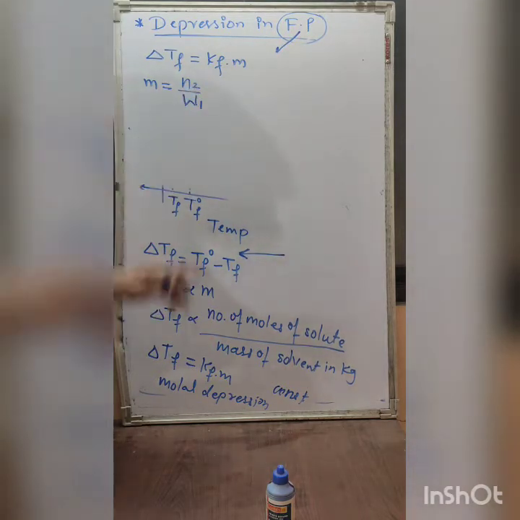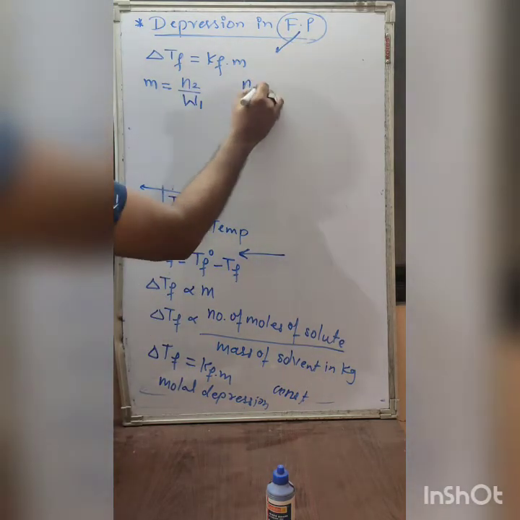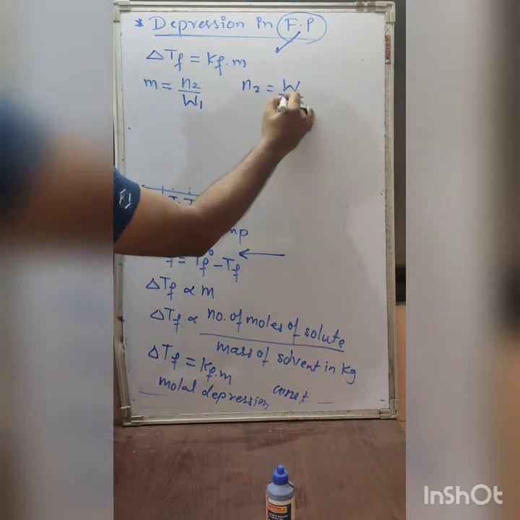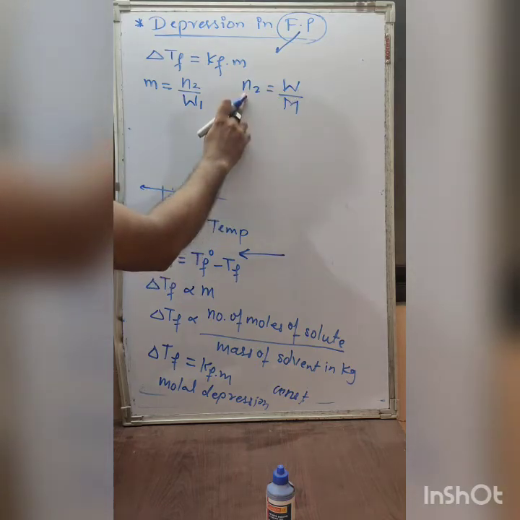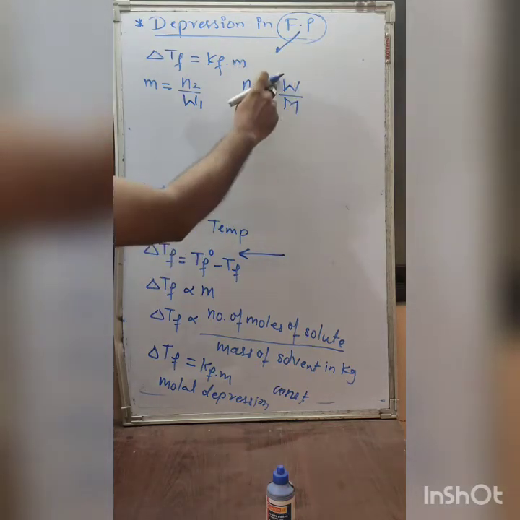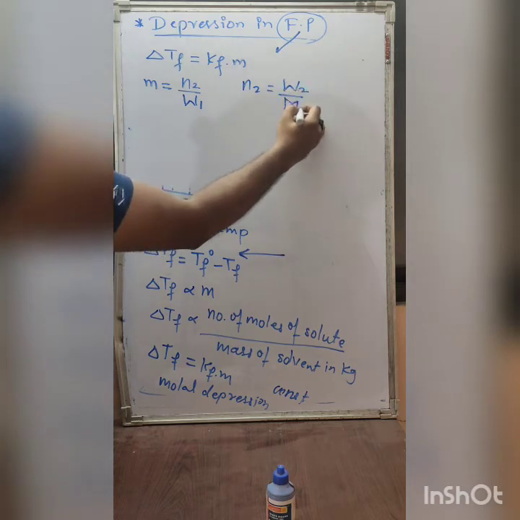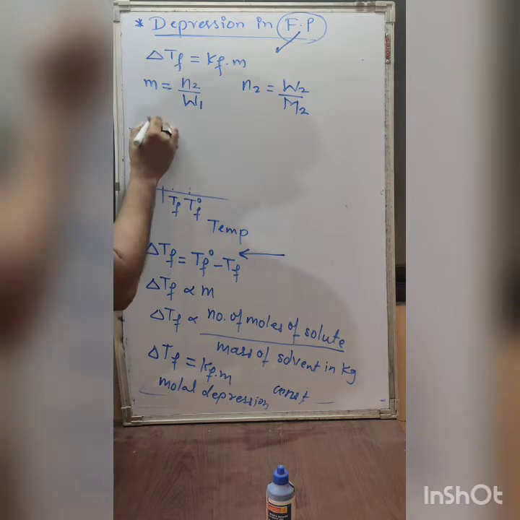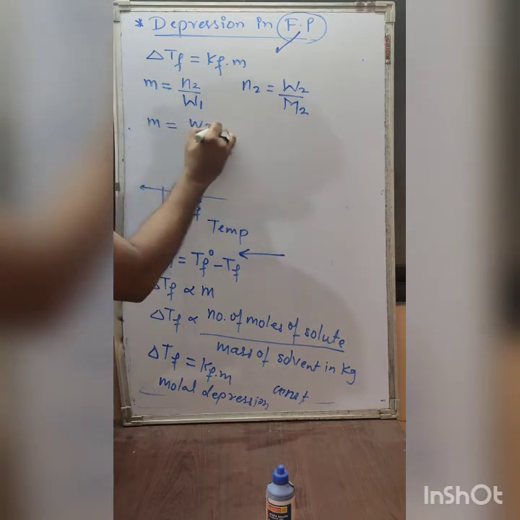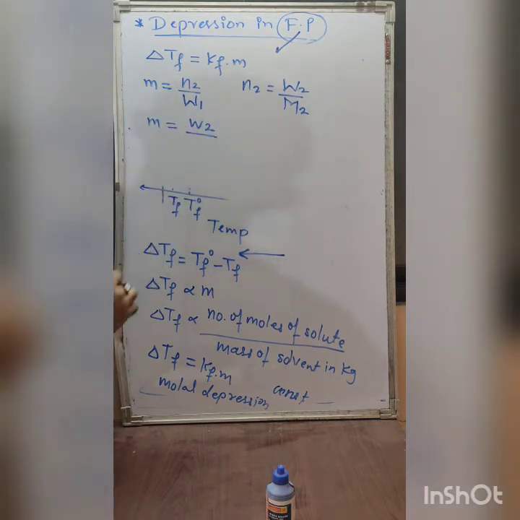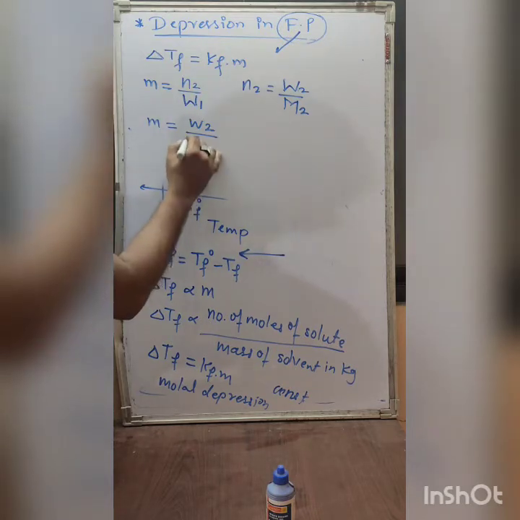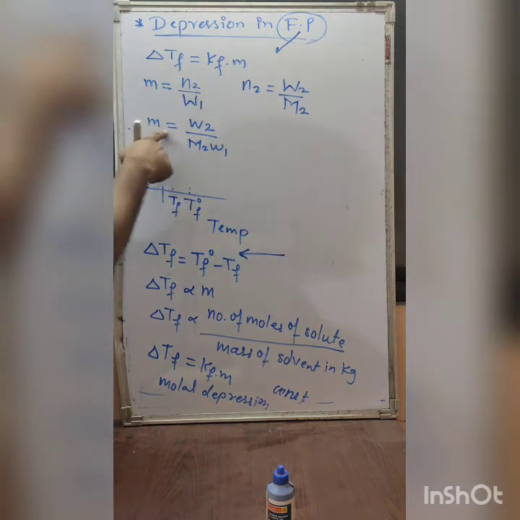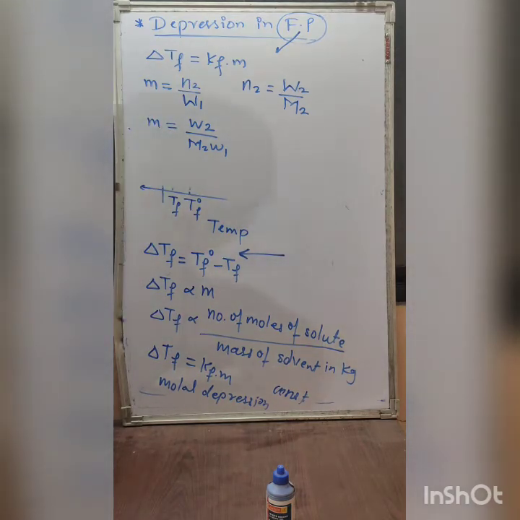So n2 is the number of moles, and n2 can be written as mass upon molar mass, W2 upon M2. Now substitute the value in this. So m is equal to W2 upon M2 W1.